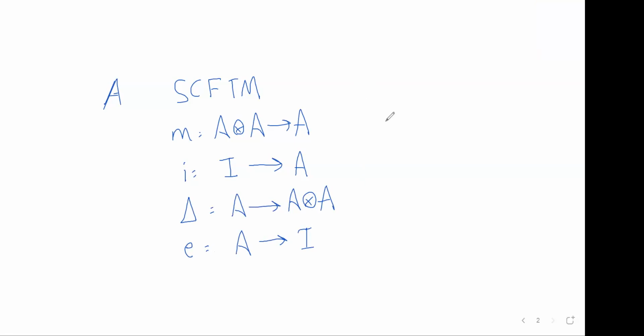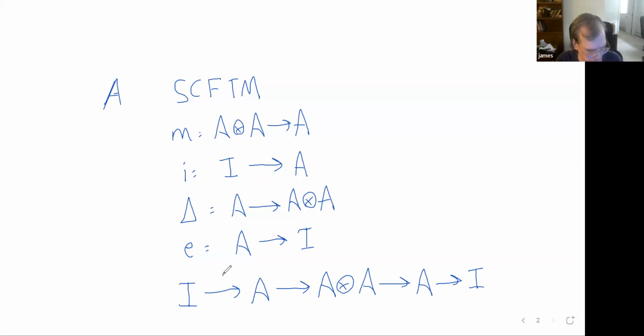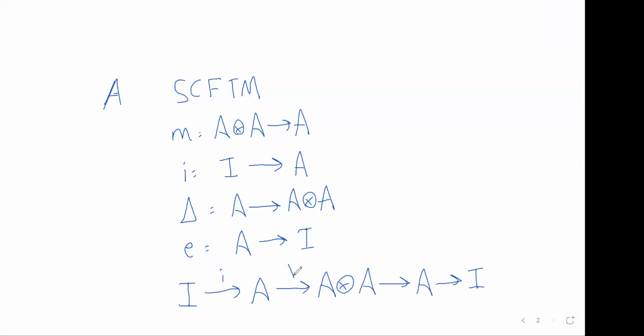It's just a cute fact that we can string these all together. You can use each of the four once to get a morphism from the tensor unit to itself. I don't know if there's any deep significance to the fact that we're using them all once, but it's just true.